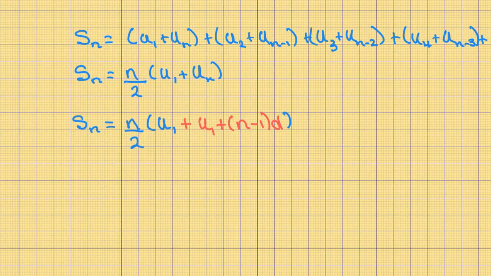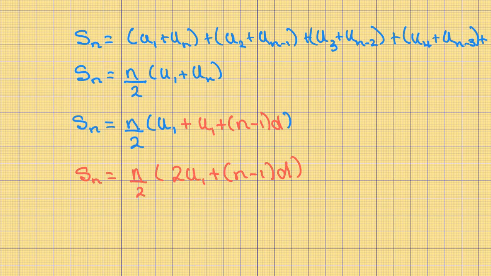We can simplify that as follows. Sn is equal to n divided by 2 times u1 plus u1 is 2u1, plus n minus 1 d.